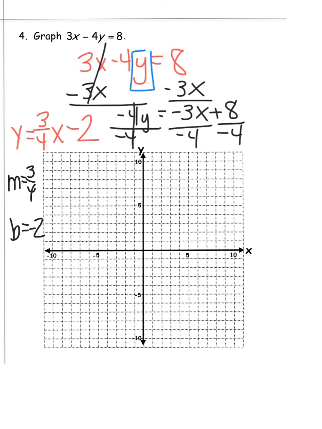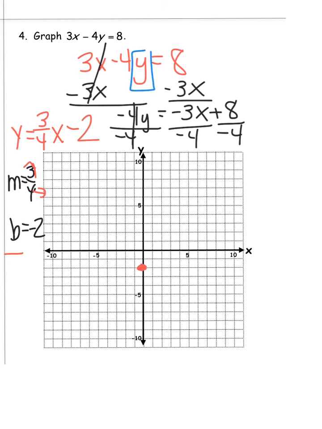So this tells me for my slope, I'm going to go up 3 to the right 4. But I'm going to begin with my B at -2 on the y-axis. And we're going to travel up 3 over 4.